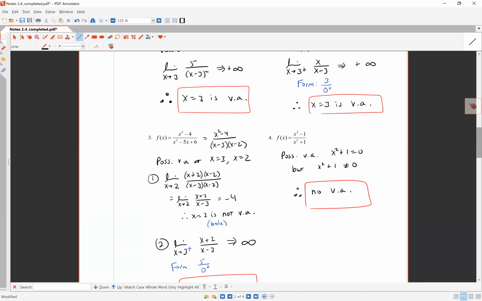And then you factor and you see, oh wow, there are 2 zeros in the denominator. x equals 3 is a 0, and the denominator is also 0 at x equals 2. So you might think, are those vertical asymptotes? Well, when x equals 3, the numerator is not equal to 0 because 9 minus 4 is non-zero. But when x is 2, you get 0 over 0.